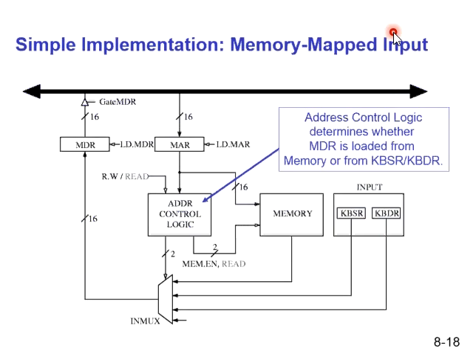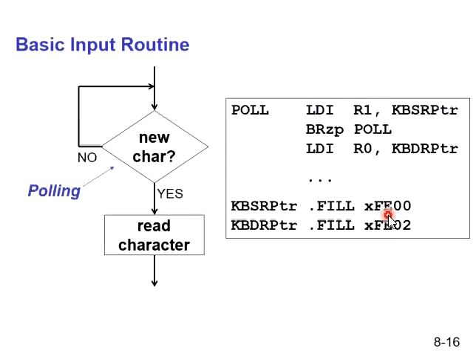And this is the implementation for memory-mapped input like the keyboard. In fact, for input devices like the keyboard, we have two device registers, KBSR and KBDR. From our program, if you want to check the value of the status register, you want to check if it is positive or negative.